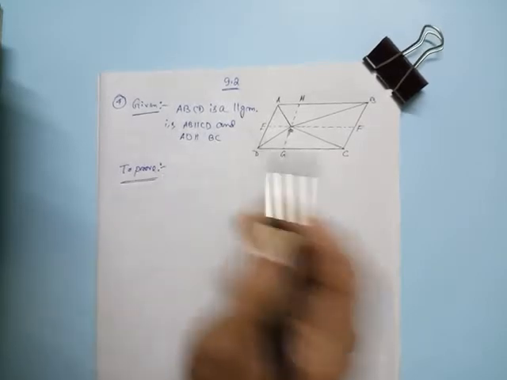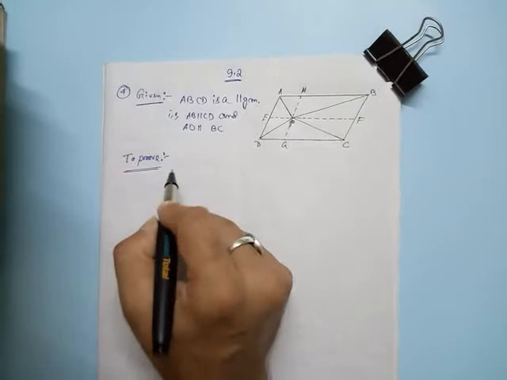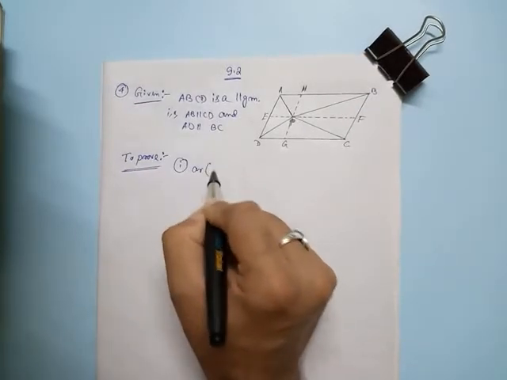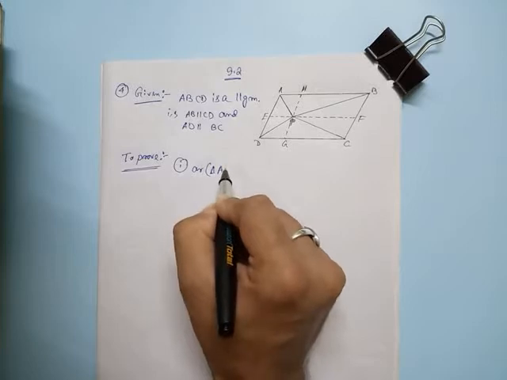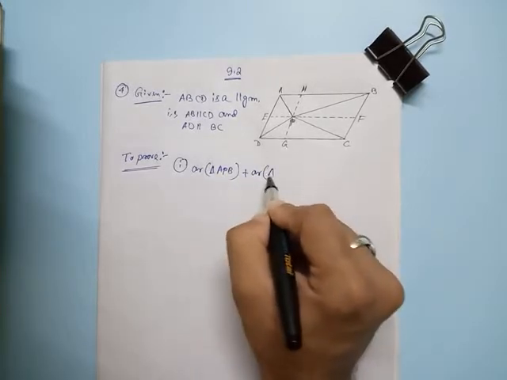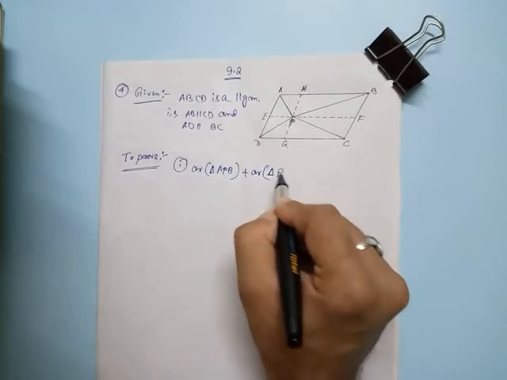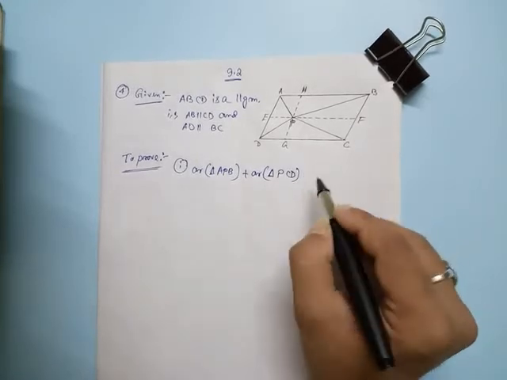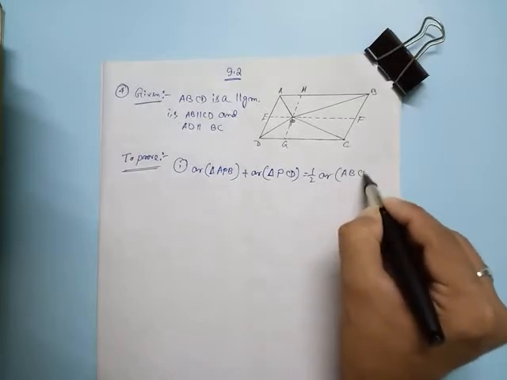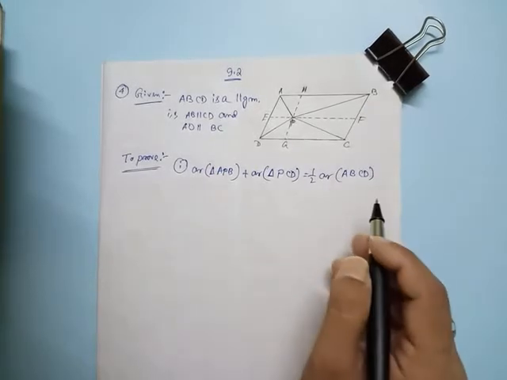So what we have to prove here? To prove, Roman 1, area triangle APB plus area triangle PCD equal half area ABCD. This is the first one.